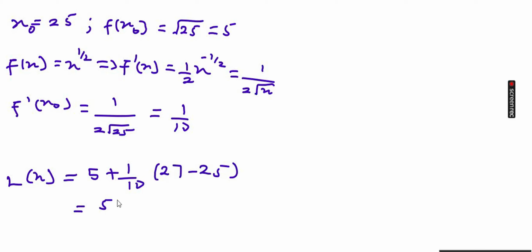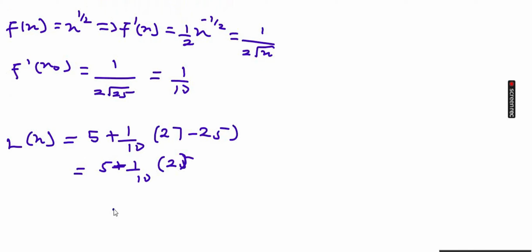So we have 5 plus 1 on 10, 27 minus 25, which is 2. So I have 5 plus 1 on 5, which is 5.2. Thank you.